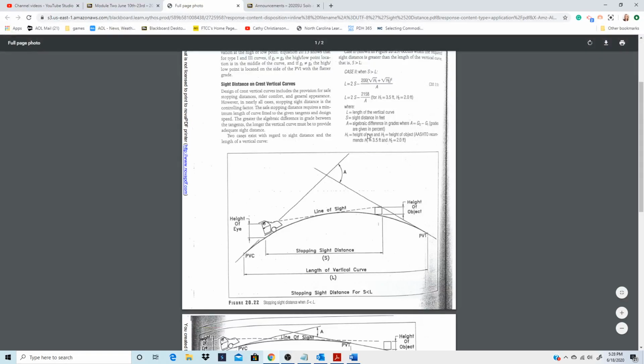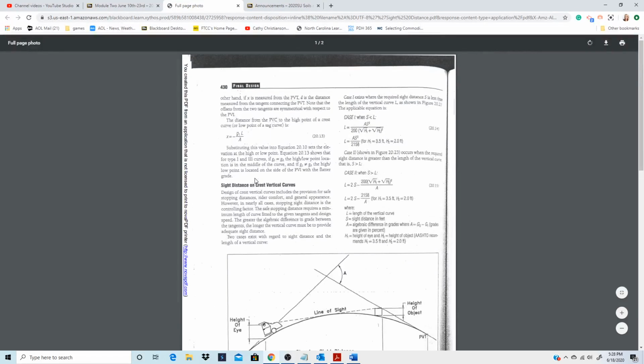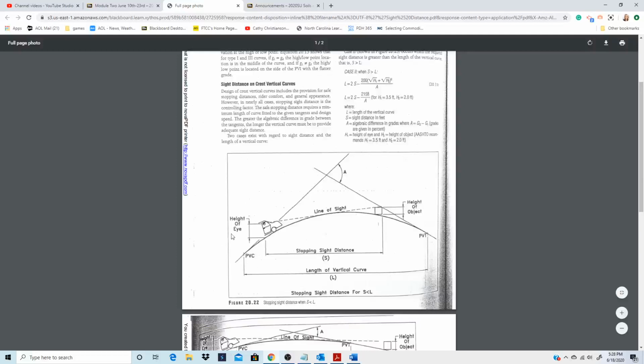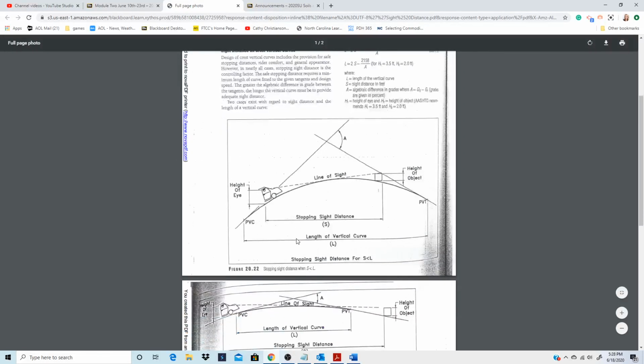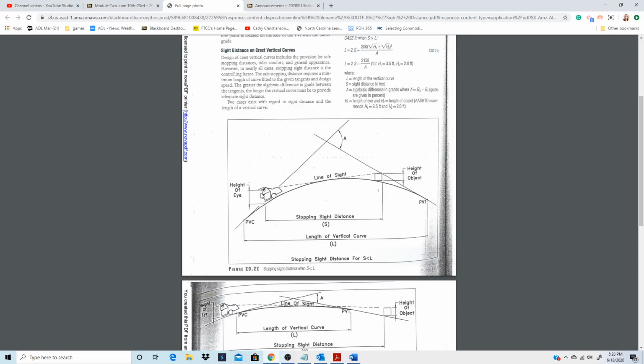This one is sight distance on a crest. Theirs is a little bit different, but the main thing I wanted you to look at is what H1 stands for. What does H1 stand for? That's the height of the eye, like if you're in a car, the height of your eye in relationship to an object in the road.